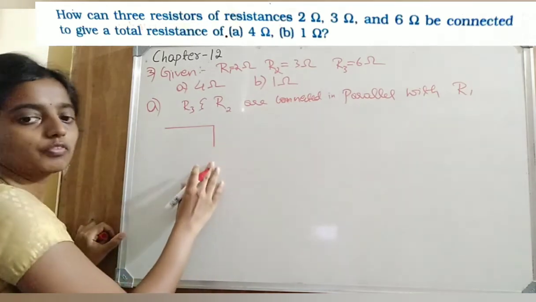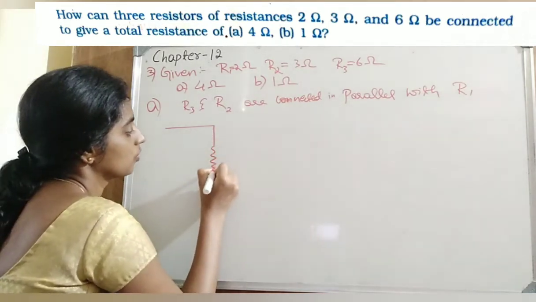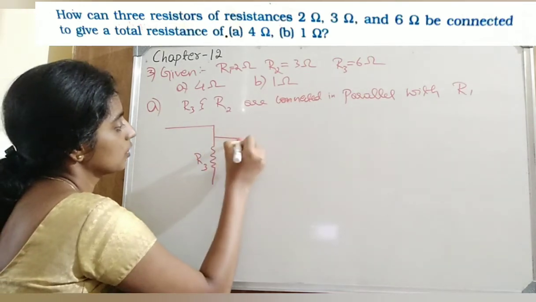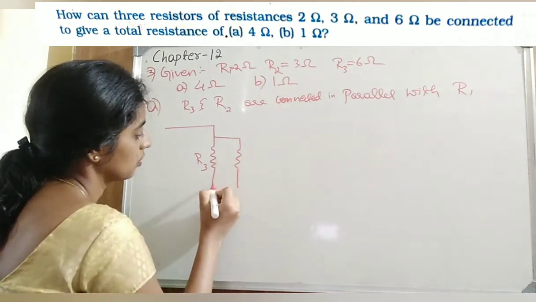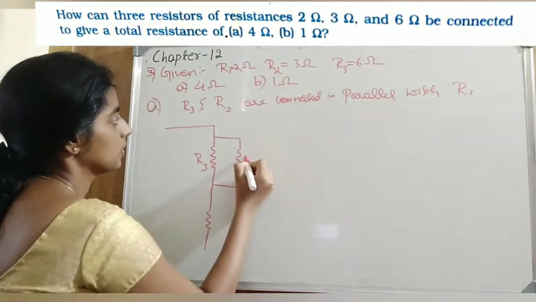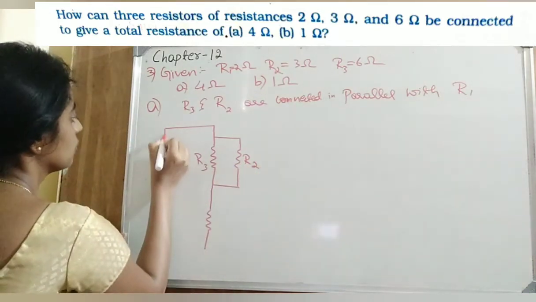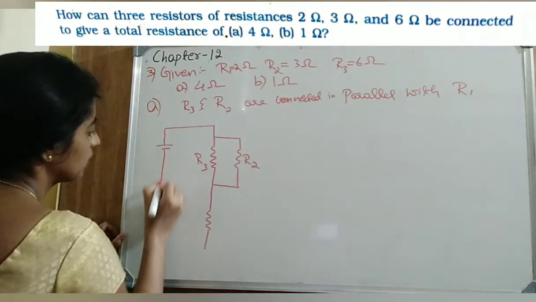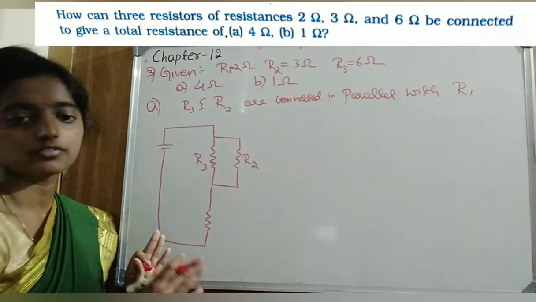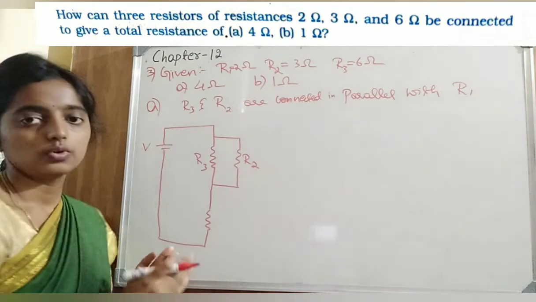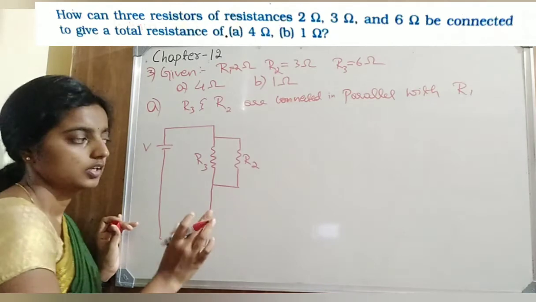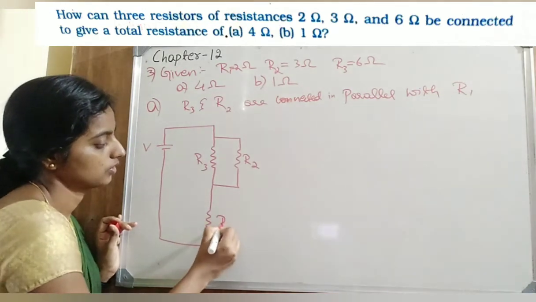So here what we have, R3, this is R2, we have a battery, and this is the circuit diagram, a rough circuit diagram. So now we need to get 4 ohm as an answer. See, first, this is R1.